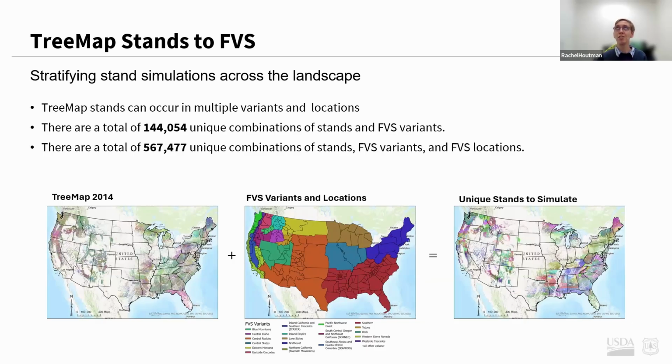So simulations for a single scenario. So if you wanted to then run multiple scenarios through FVS for the whole country, say, if you wanted 2, you'd have to run over 1 million scenarios. When I've done this and I've run 144,000 scenarios in the old version of FVS, it takes me about a week on my very small laptop. I'm really excited to try running it on my very powerful new computer.